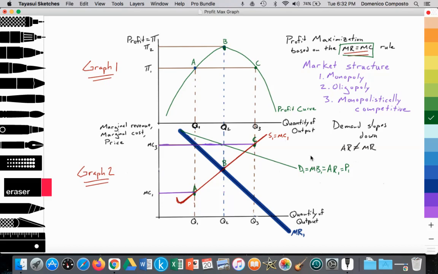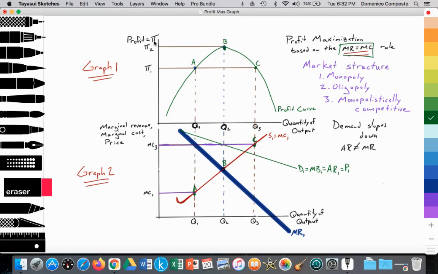Looking at this rule for profit maximization, the firm will maximize profit where MR equals MC, and that will determine the level of output. In graph one, we're looking at a parabola, which is our profit curve function, and we're measuring profit on the y-axis.